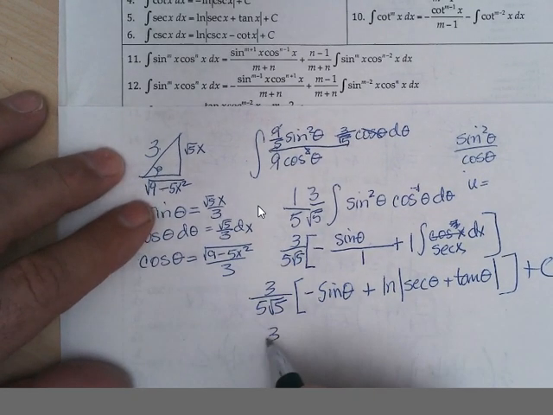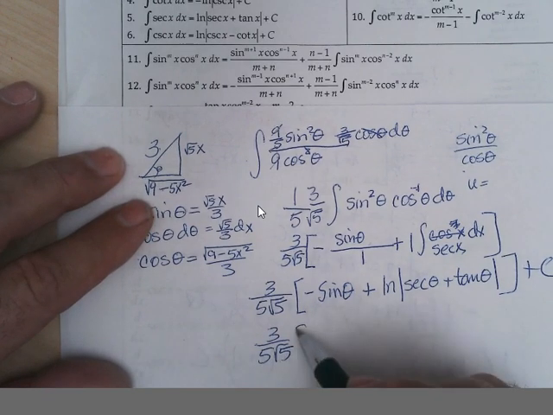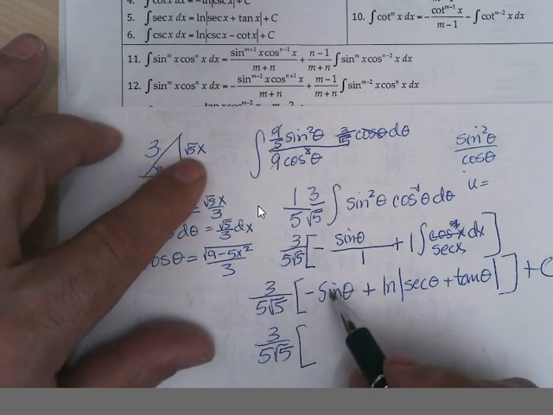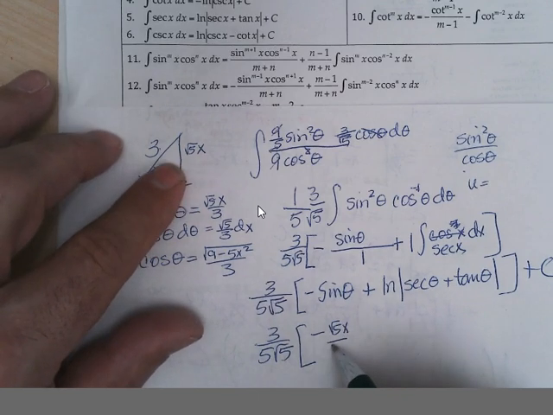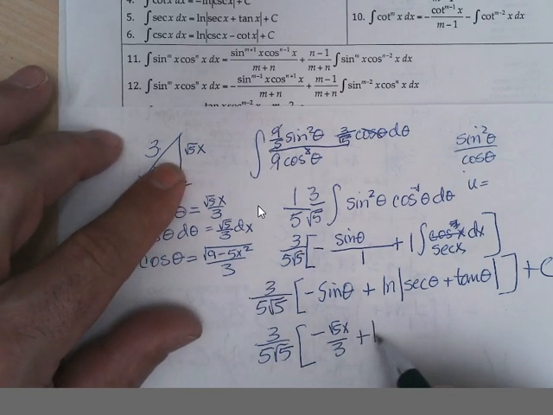So we got 3 over 5 square root of 5. Negative sine would be negative square root of 5x over 3 plus ln.